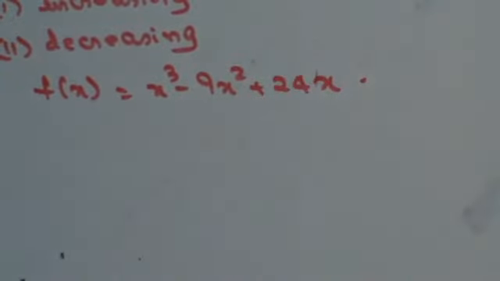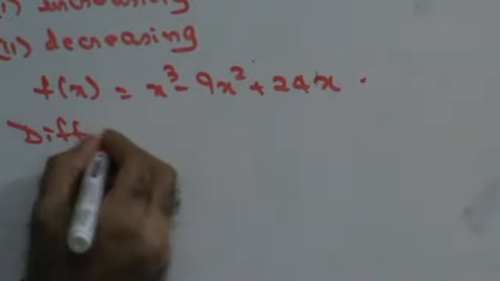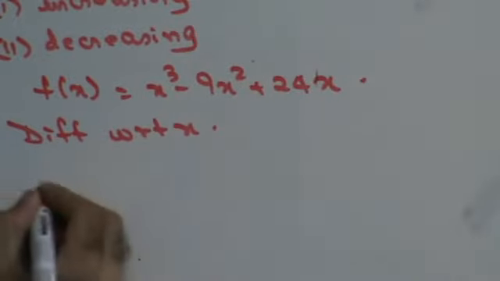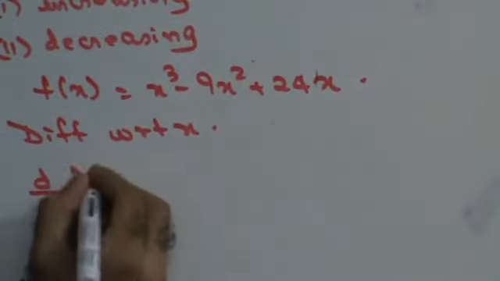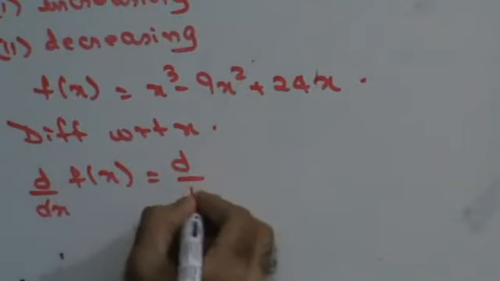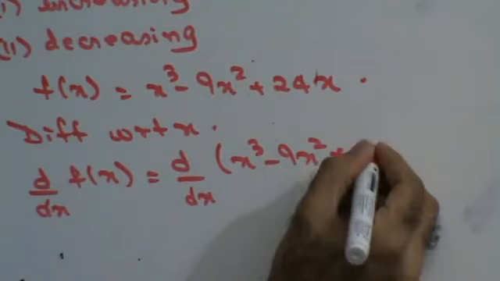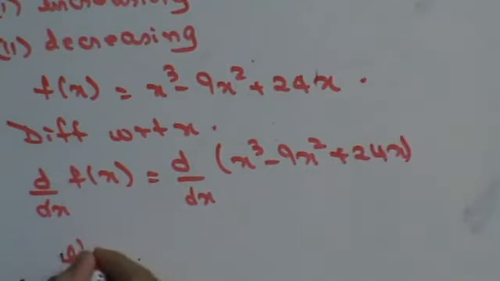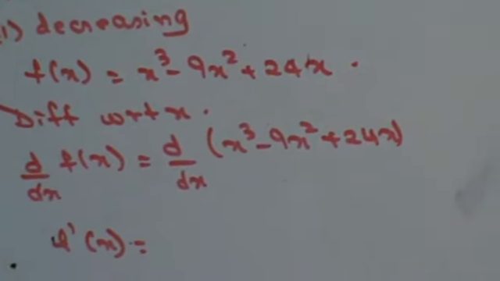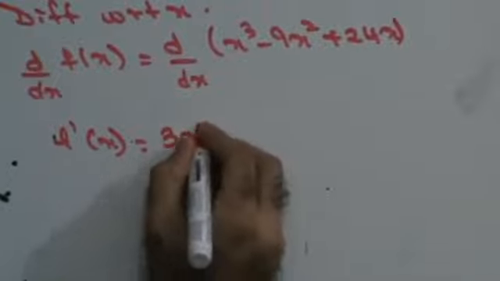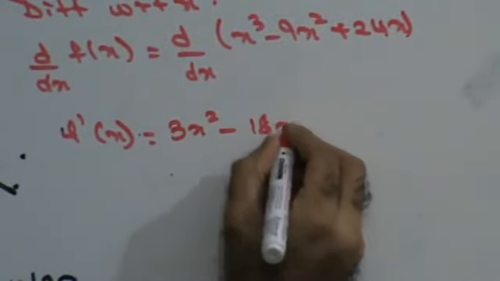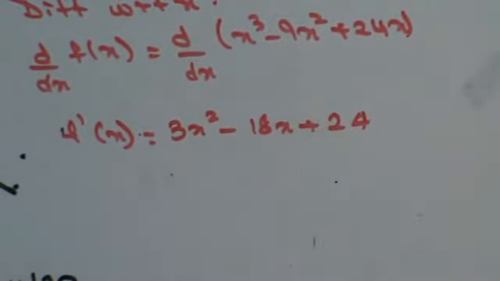First thing that you do is differentiate with respect to x. So I'll get dy dx of f of x is equal to dy dx of x cube minus 9x square plus 24x. So you will get f bar of x, dy dx of f of x is nothing but f bar of x, which is 3x square minus 18x plus 24.